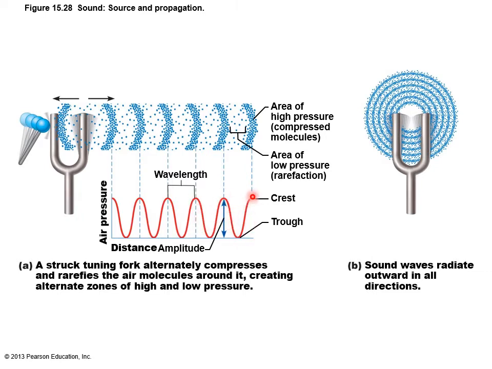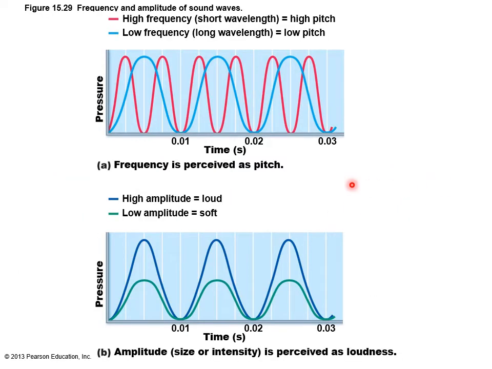Okay, so the top is the crest, the trough is the bottom. Now, depending upon the frequency of the wave, the frequency is perceived as pitch. And frequency means the number of waves that pass a certain point in a given period of time.